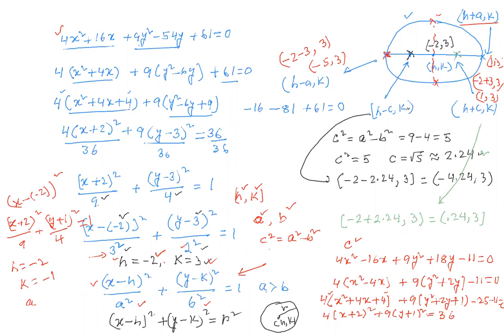Your a squared is 9, which is 3 squared, a is 3, your b squared is 4, which is 2 squared, b is 2. So you have h, k, a, and b. So you can find c square is equal to a square minus b square, which is 9 minus 4, is equal to 5, or c is equal to 2.24 roughly. And I have given you everything here, so you can go ahead and do that.